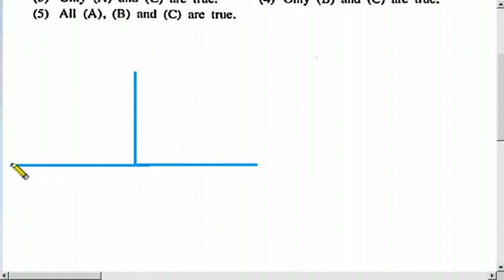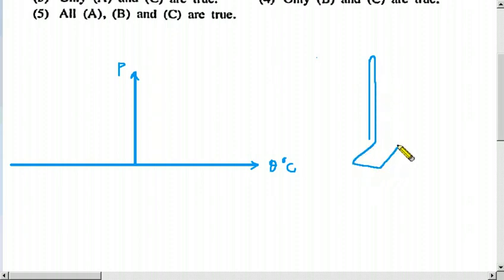There we plot a graph like this, taking temperature theta in Celsius degrees on the x-axis and taking pressure or volume. You remember that there is a coil tube like this, and using that we do a practical experiment.